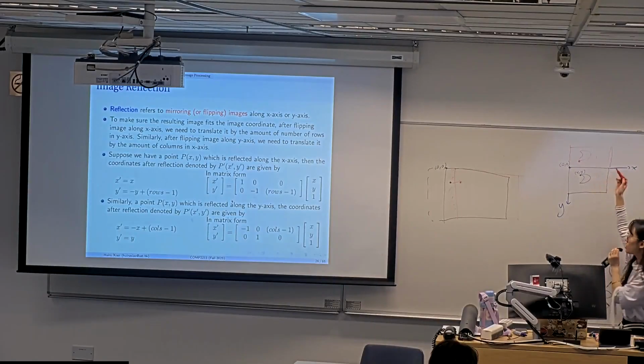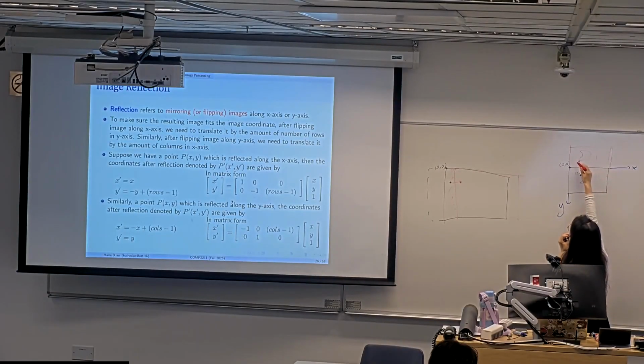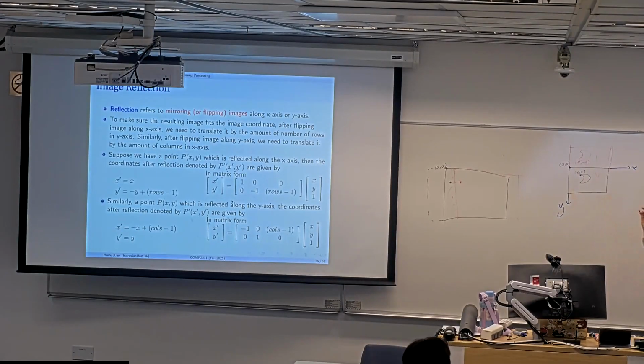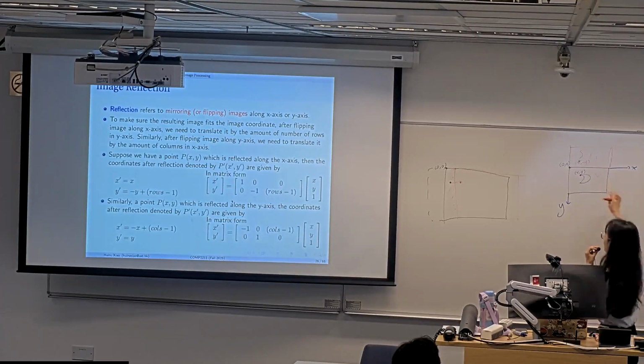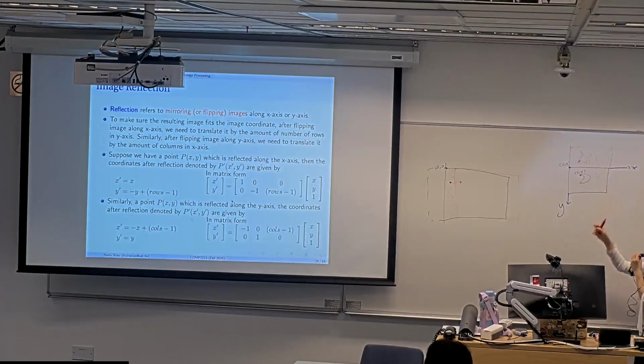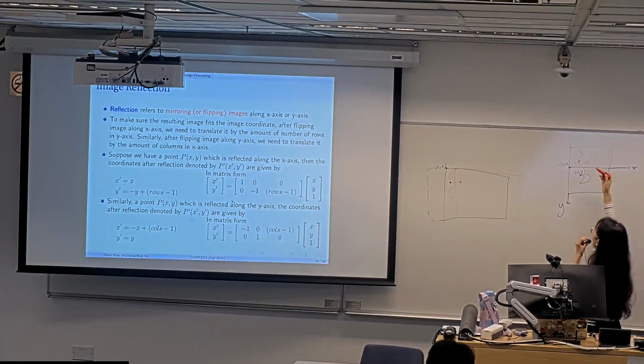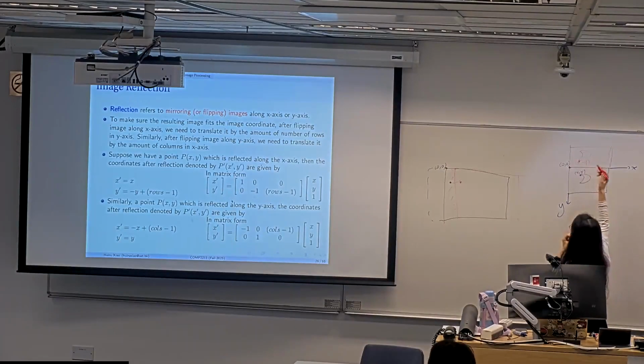So we know that the coordinates should be x, negative y. But after the translation, because we need to move it back, we must move it below to let it fit the legal coordinate system. So after this translating, this point becomes this one.